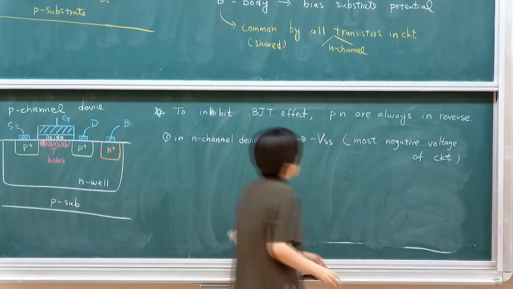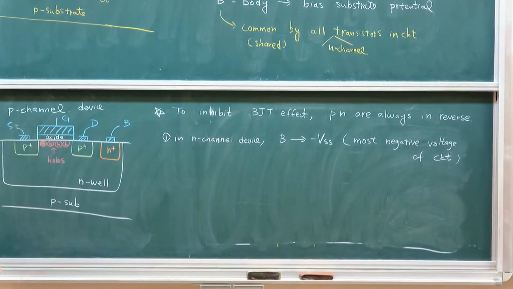So make sure that the potential of the P substrate is at the most negative. Therefore, whatever voltage is applied on the source and drain, it will always be a reverse-biased PN junction.